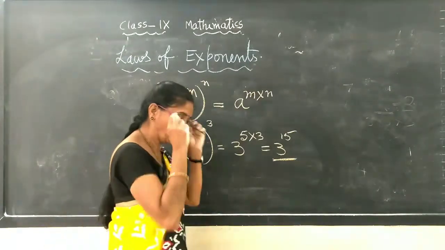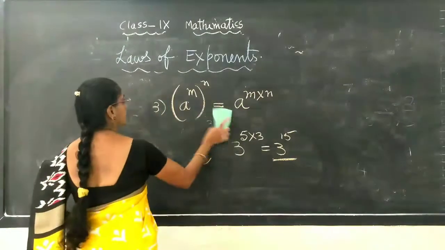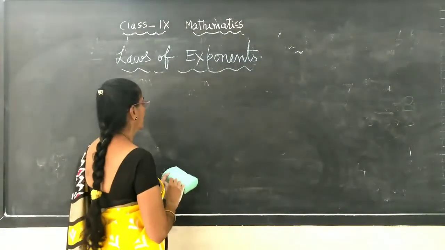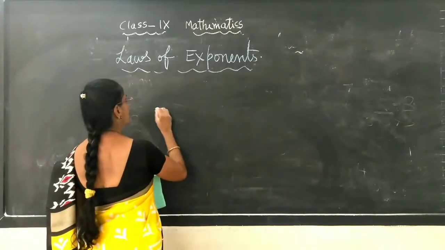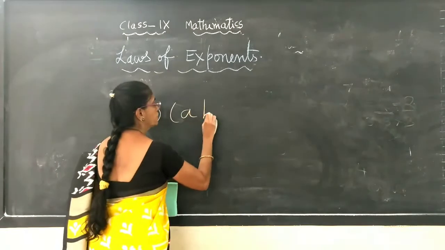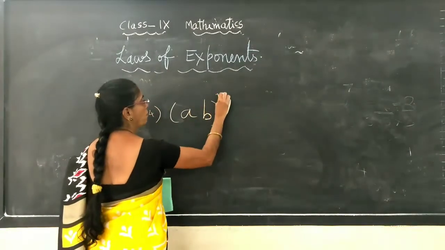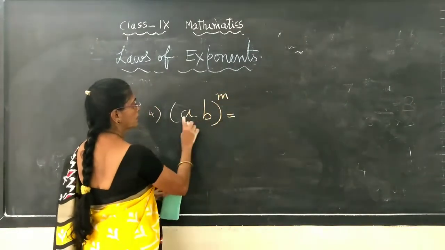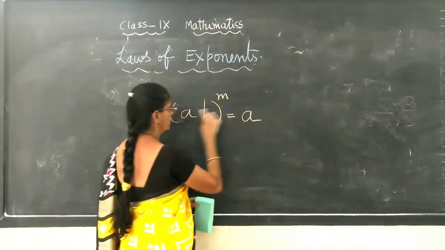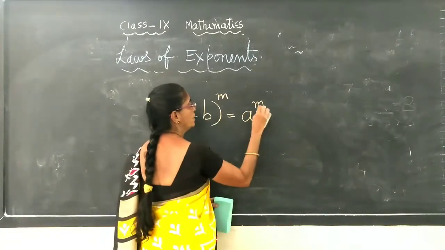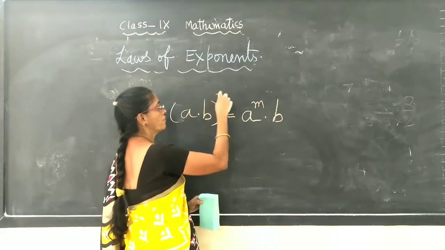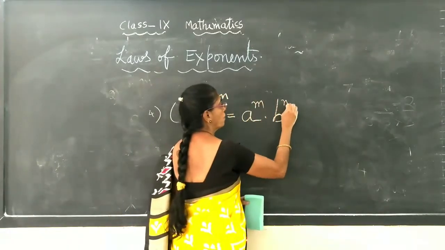And lastly, one more we can use. If two numbers are there, a into b together, and its exponent m is given, two numbers multiplied and to the power m, it means a to the power of m also, into b to the power of m also. That is, (a into b) to the power of m is a to the power of m into b to the power of m.